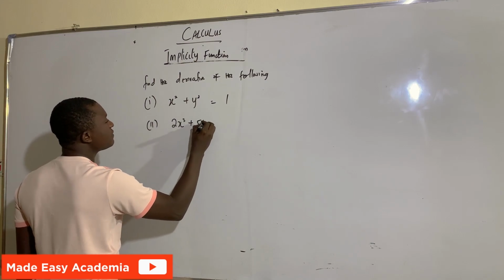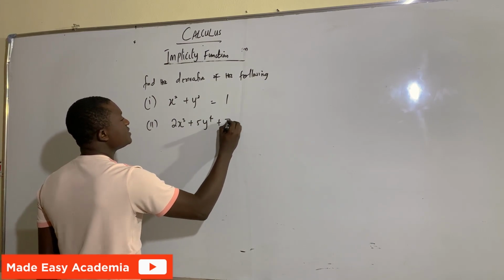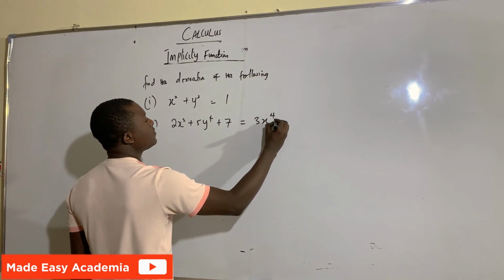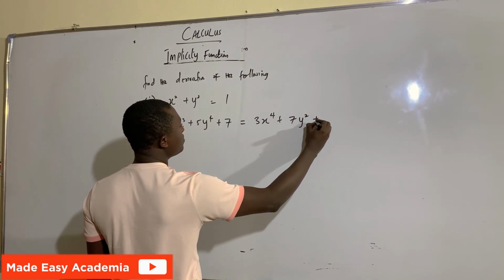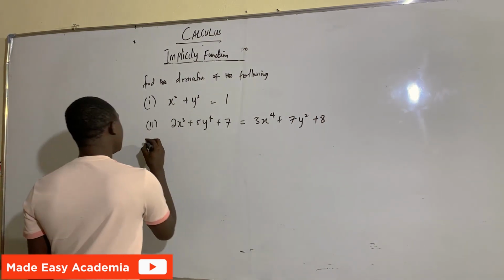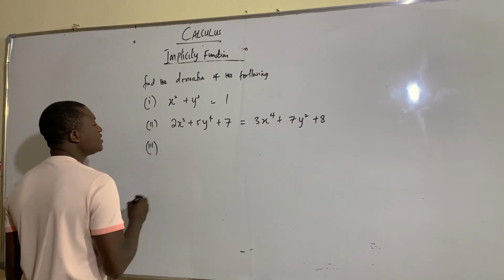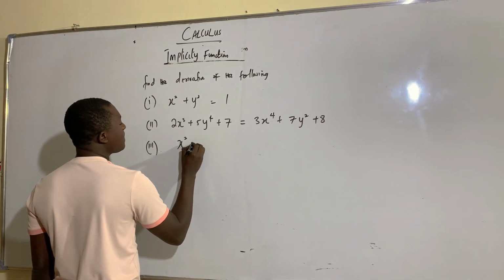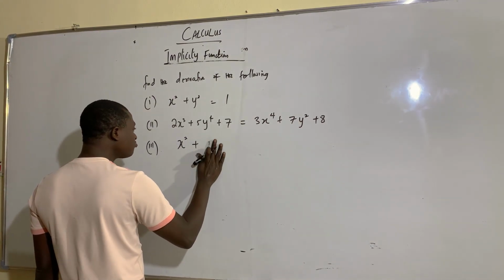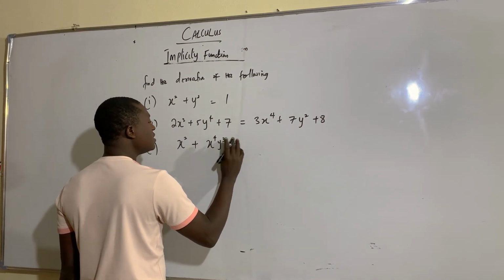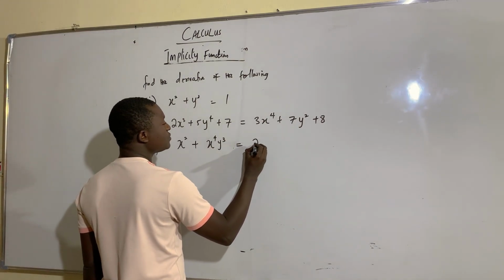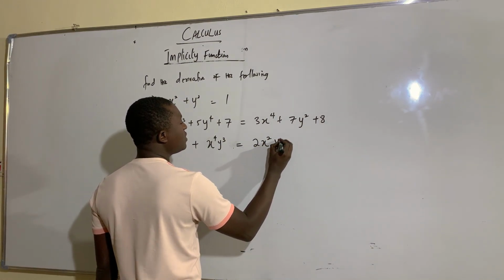Two, 2x cubed plus 5y to the power 4 plus 7 is equal to 3x to the power 4 plus 7y squared plus 8. And in the third one, let's say we have x squared plus x to the power 4 y cubed equal to 2x squared y to the power 5.